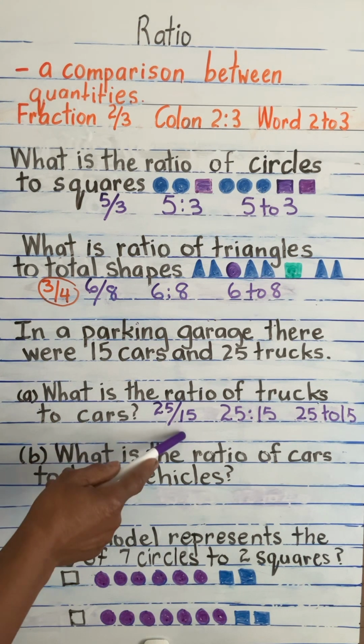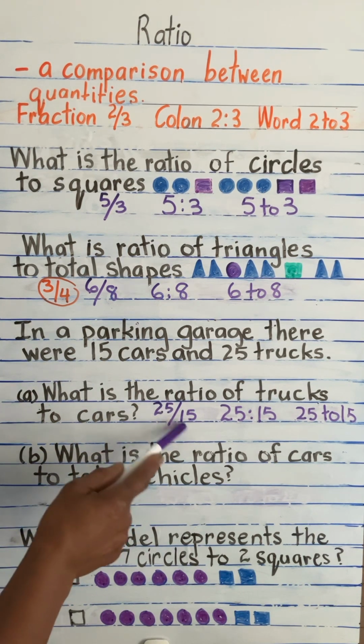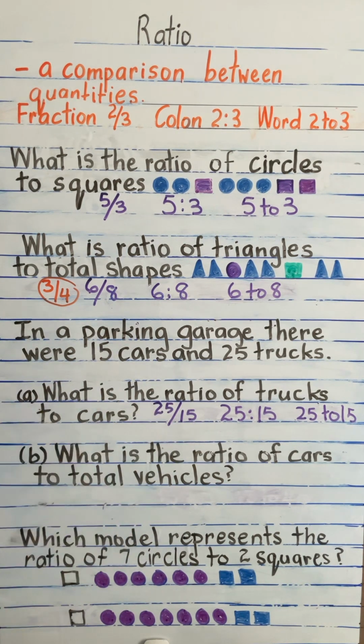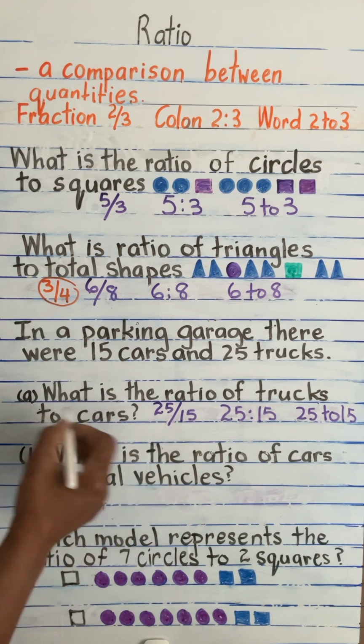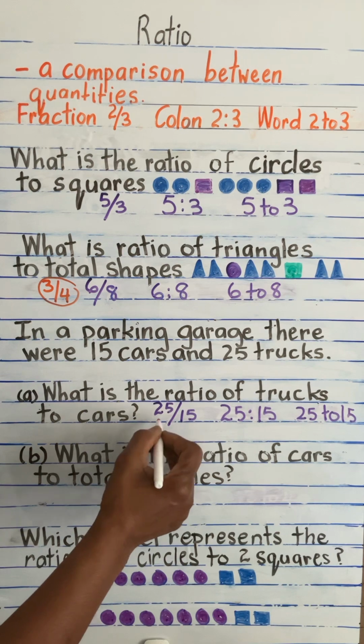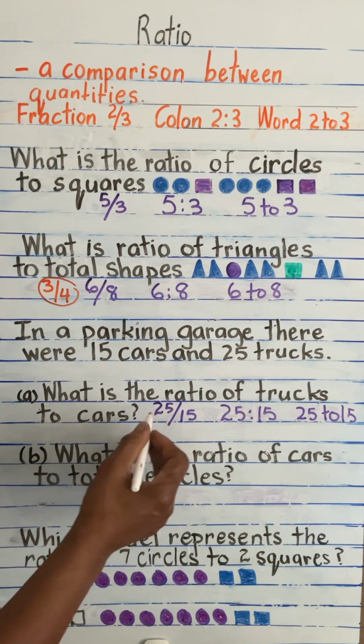Here again, we can reduce this ratio to its lowest terms if we were asked to. We would divide by 5. 5 into 25, 5 times, and 5 into 15, 3 times.